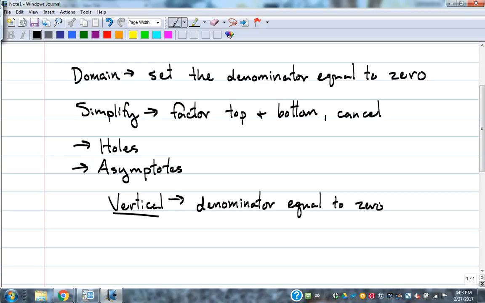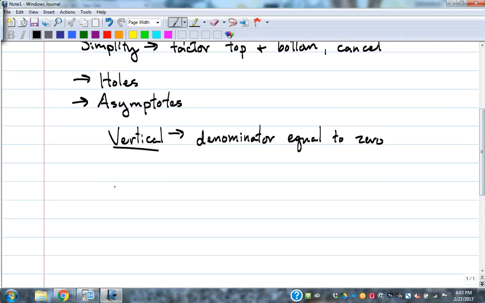Set the denominator equal to 0. Now, this is the denominator of the simplified form. It should match at least some of the domain. It won't always match the entire domain, but it should match very closely to our domain. So that's what you're going to do to find the vertical.